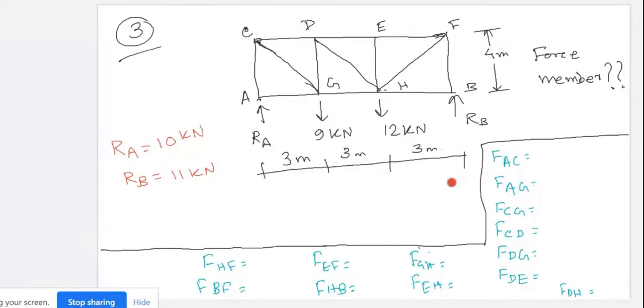What is FAC? Yes, if RA at point A is 10 kilonewton, what will be FAC?